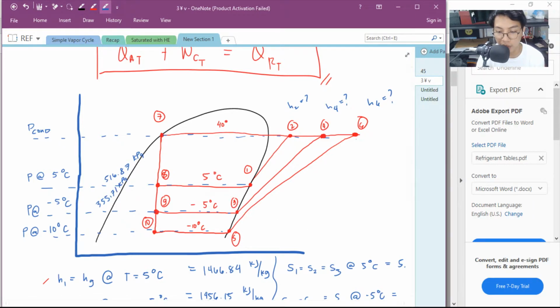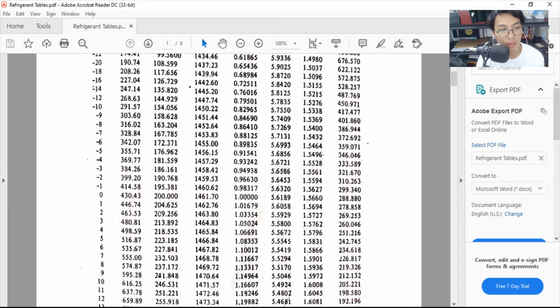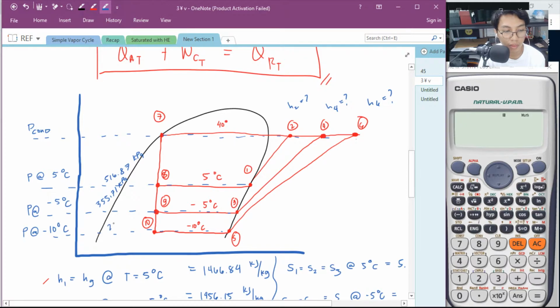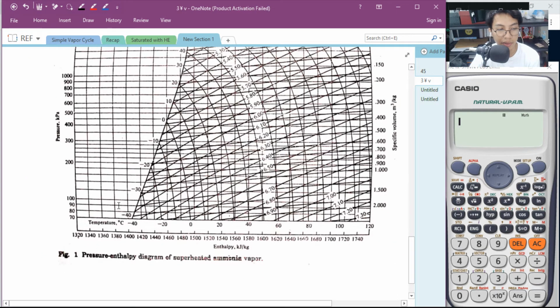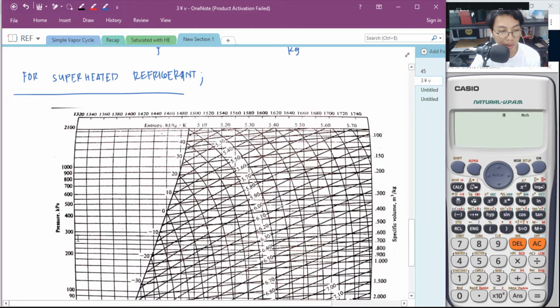Yung negative 10, 291.57. Yan, okay na. Lagay mo dito. 291, 300.